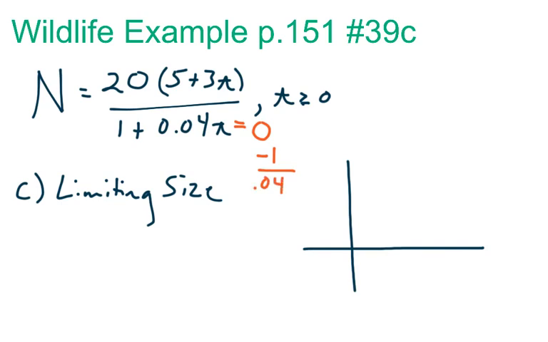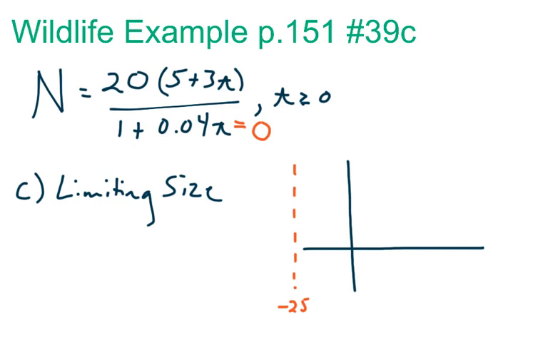But 0.04 is really just 4 100ths. And dividing by 4 100ths is the same as multiplying by 100 fourths. And so you end up with 100 divided by 4, a math problem that we can do without a calculator if we really needed to. Of course, it comes out to be -25. So you're going to have a vertical asymptote at -25.